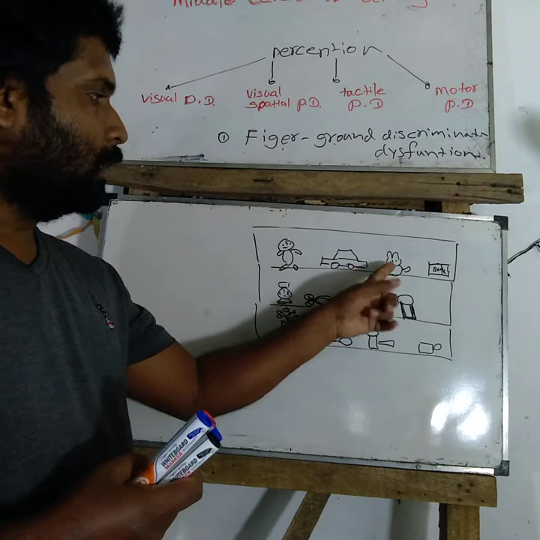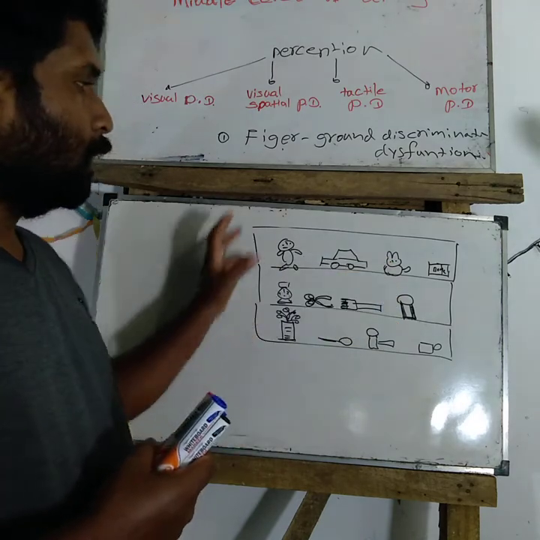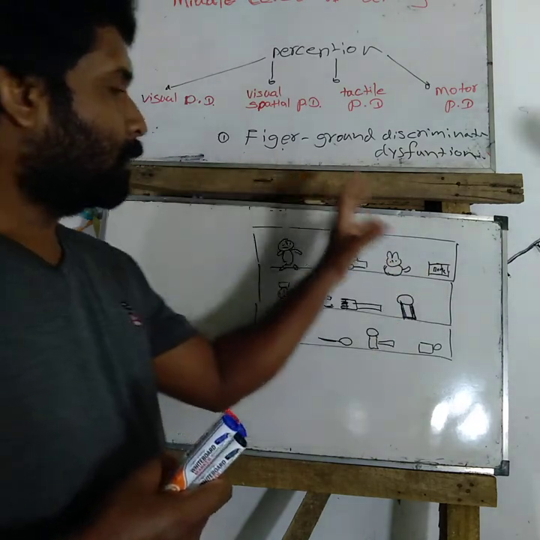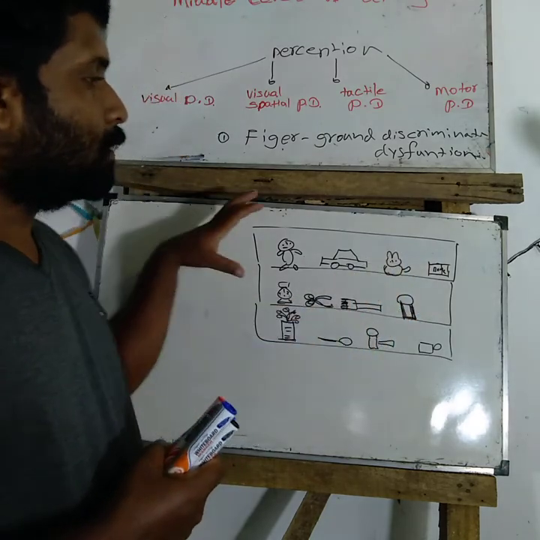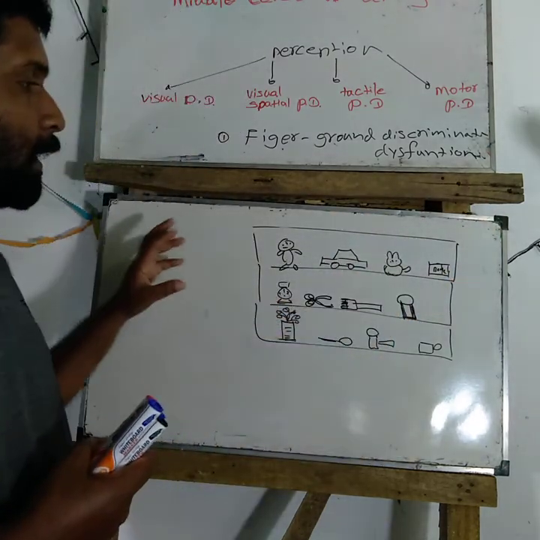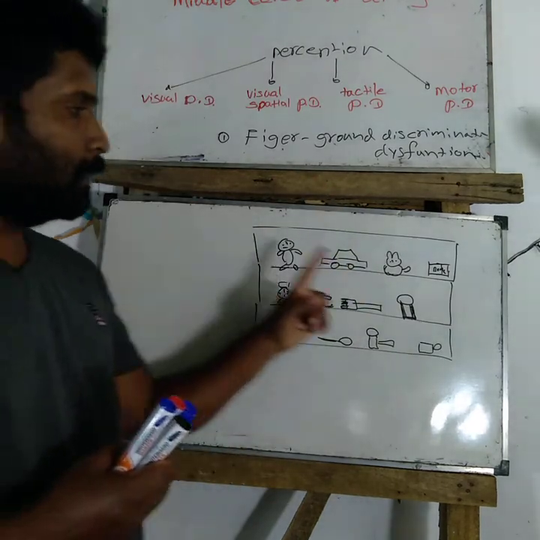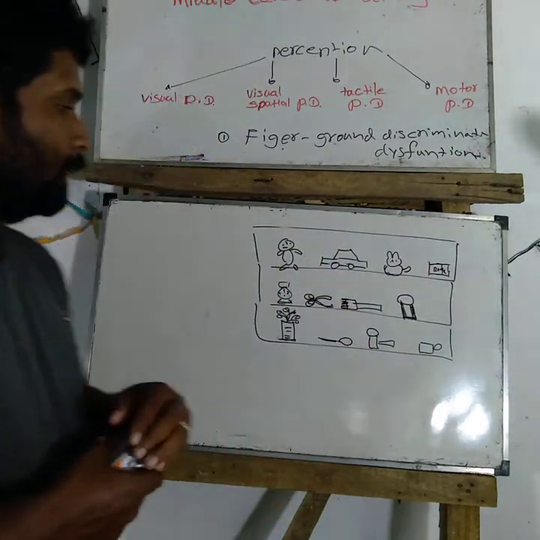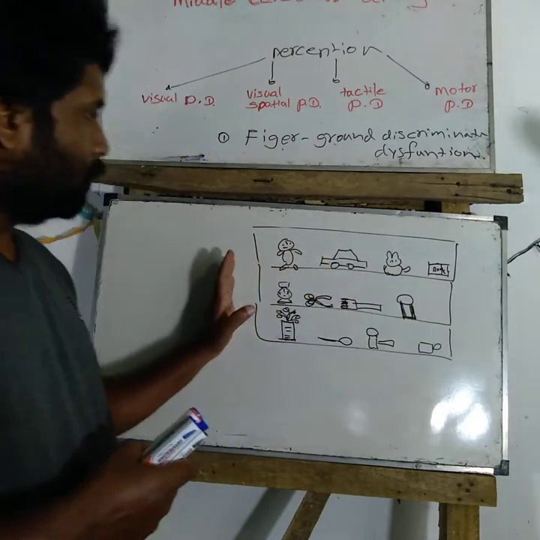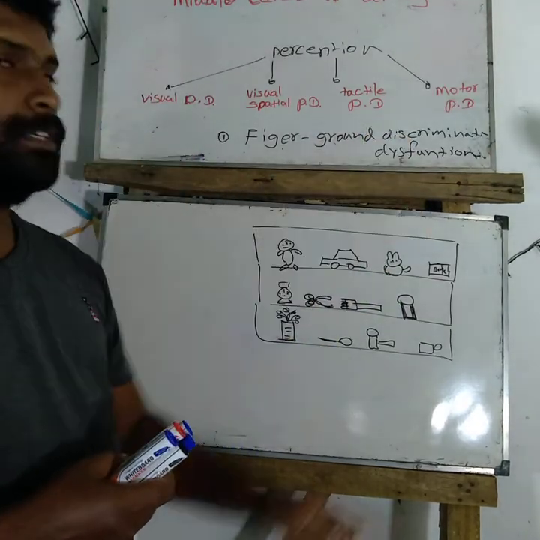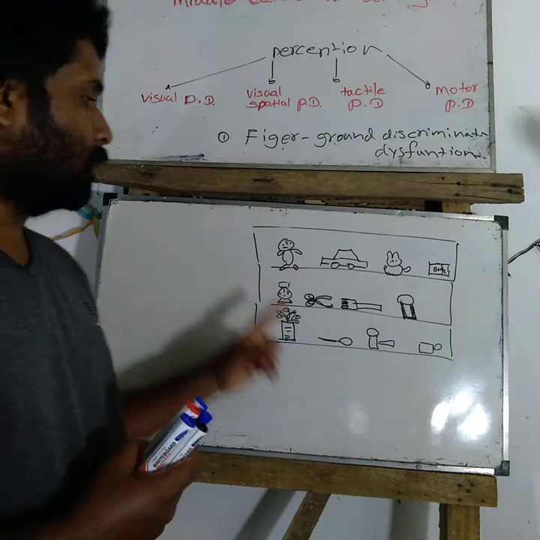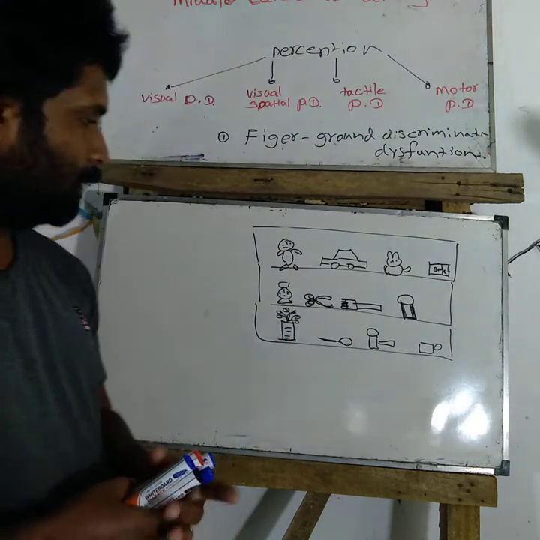Likewise can't select this teddy bear. With a lot of equipment in this rack, he can't quickly select the object. That is the example, and we can apply these things to tackle the figure ground discrimination problem.